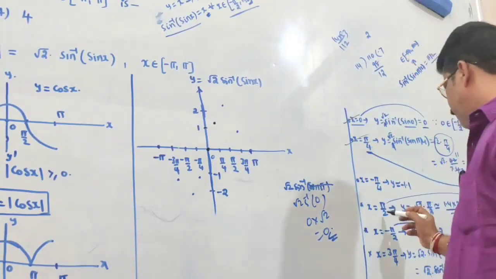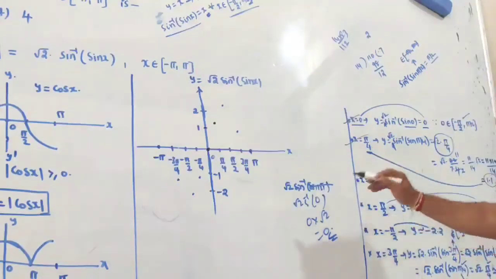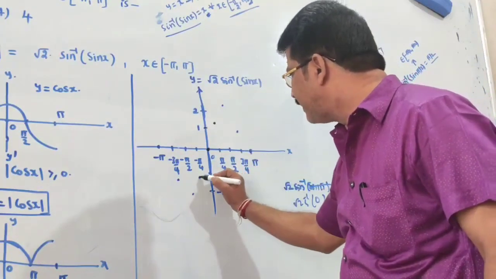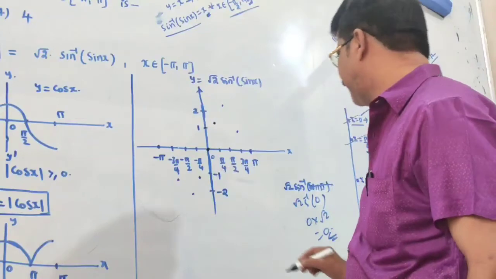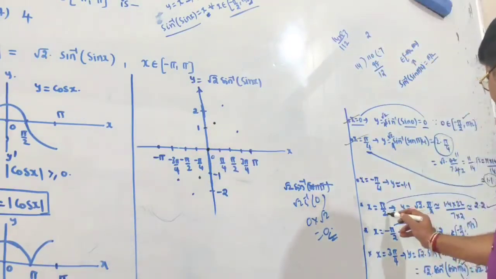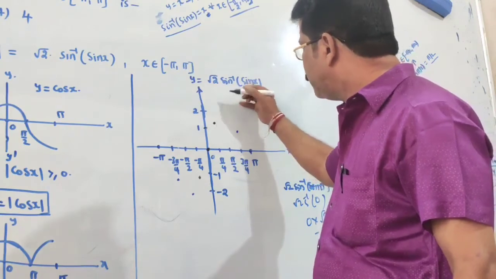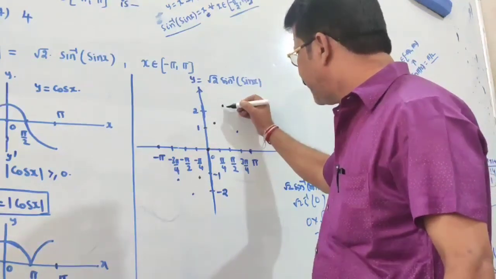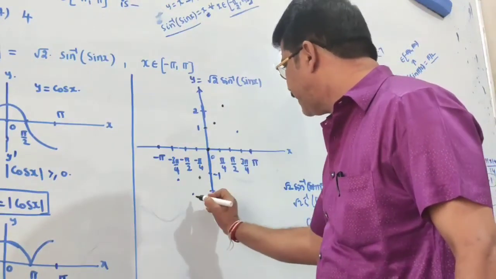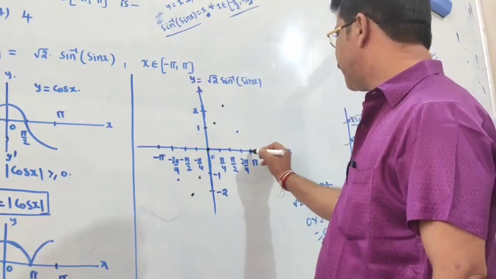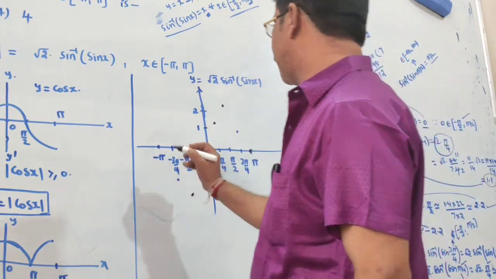At the same time, for minus pi by 4, minus 1.1, just like that. Next, x equal to pi by 2, y equal to 2.2. For minus pi by 2, minus 2.2 will be like that. Next, pi gives 0, and minus pi is also 0.